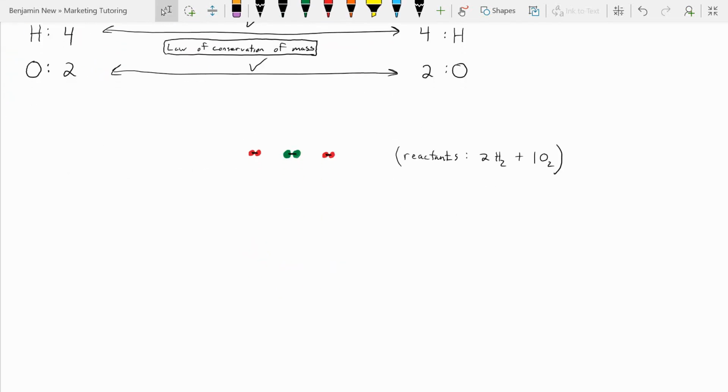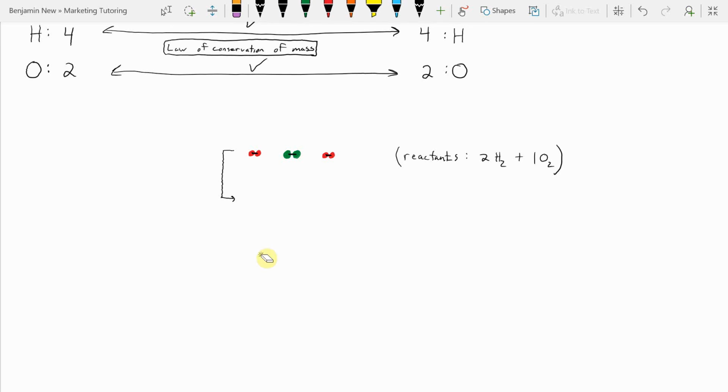And the first step, what's happening on a molecular level, is these things are moving closer to each other, and the bond here is going to start to break, which means that the green atoms will start to move away from each other. The hydrogen molecule itself will move closer to the oxygen molecule.